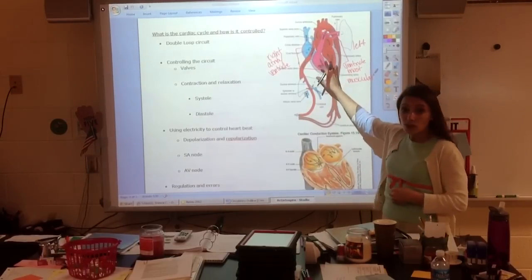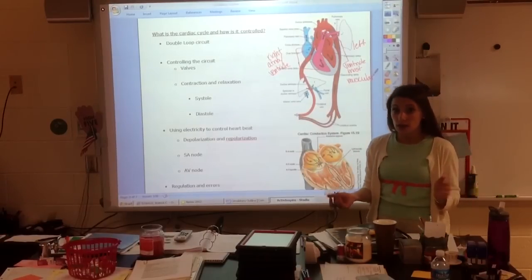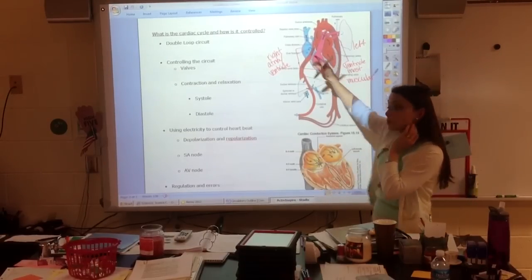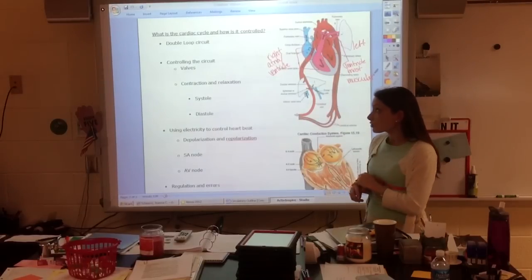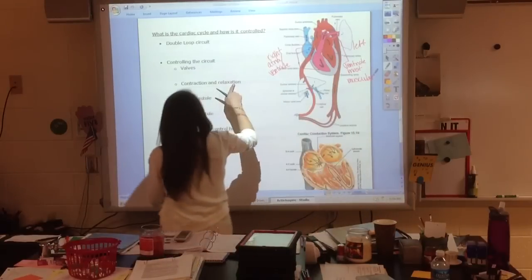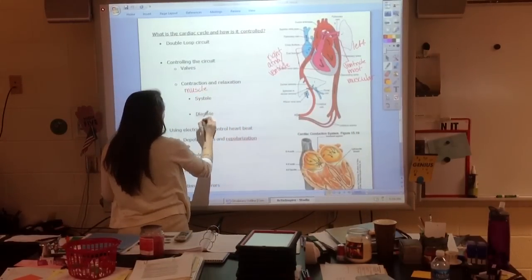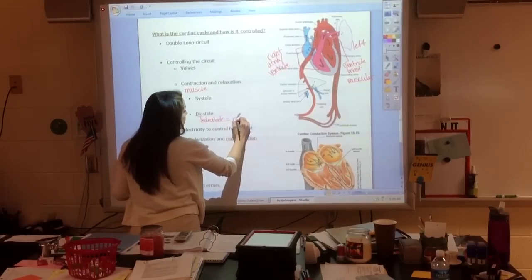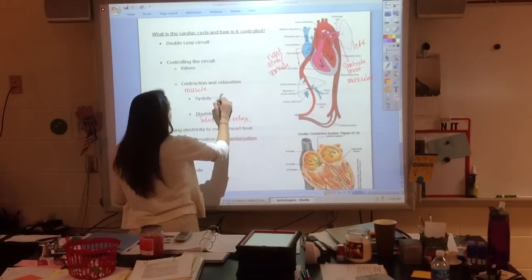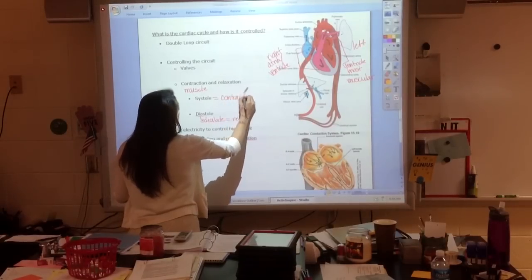Now, how do we control the heart rate? The heart rate is a really interesting mechanism. It really has to do with nerve signals. Remember, muscles are controlled by nerves. So we're contracting and relaxing the muscle. Think dilate. Diastole is the relaxing. Systole is the contraction.